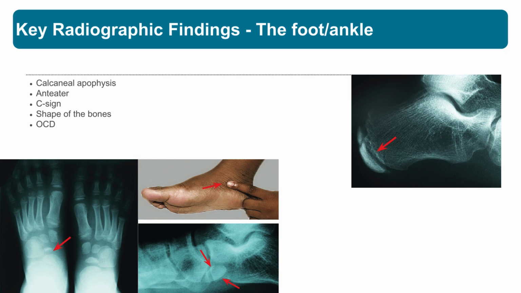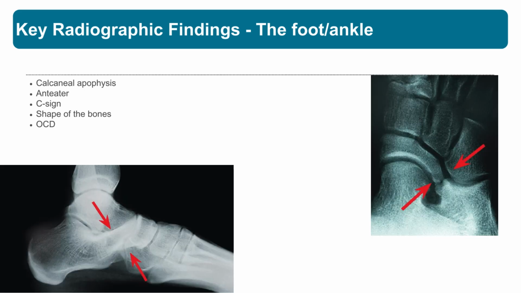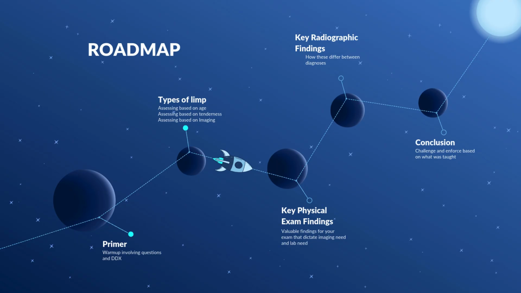Or maybe where they have point maximal tenderness along their medial longitudinal arch, you in fact see this floating bone like an accessory navicular, and that can be the source of their pain. And then, of course, if you're worried about a tarsal coalition, sometimes what you see is confluency between the navicular and the calcaneus, or the talus and the calcaneus, through the C sign of Lateur, or the anteater sign, which is elongation of the calcaneal process.